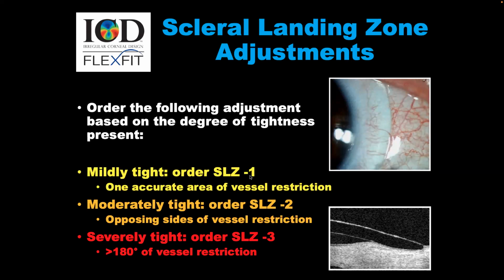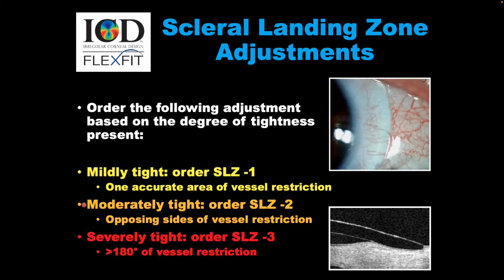Just take into account that doing this -1, -2, or -3, let's say this is 25 microns, 50 microns, and 75 microns, this will lower the central clearance, right? Because you're opening that sclera.